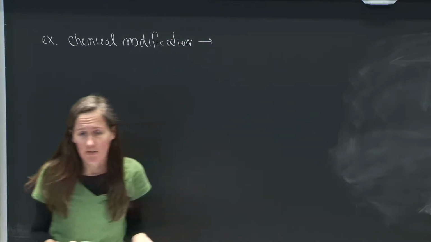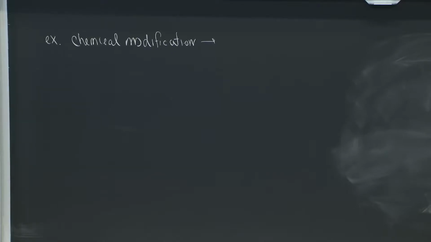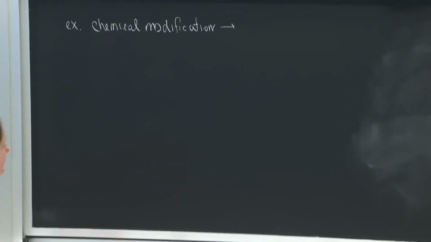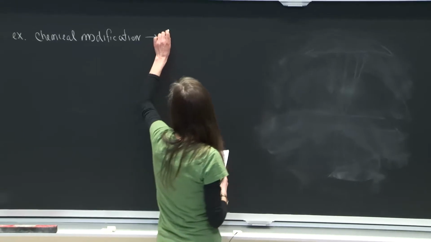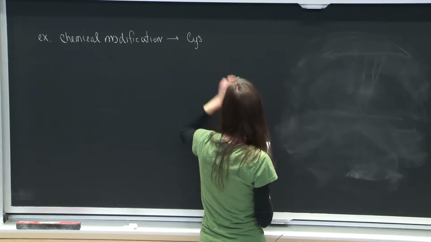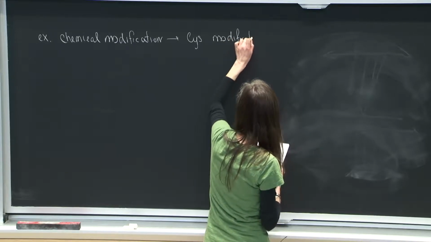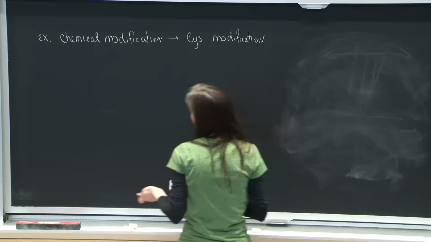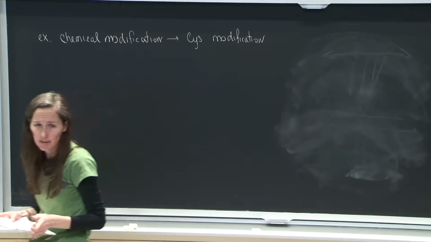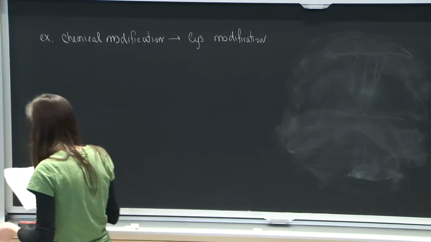there's certain amino acid side chains that are amenable to modification. So imagine you purify a protein and you want to somehow tag or label it. One option is to modify cysteine residues, and iodoacetamide and related reagents are commonly employed.